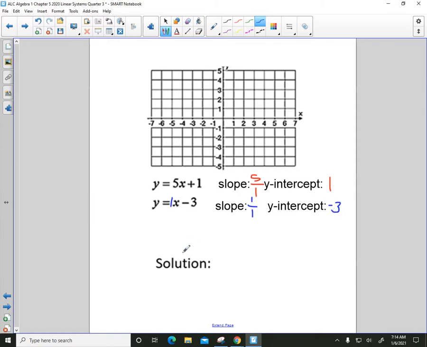All right, then our last thing we need to do is graph them. So we're going to graph this one. We're going to make the y-intercept at 1. And then we're going to attempt to go up 5. 1, 2, 3, 4. Went off. So instead of doing up 5, we're going to go down 5. 1, 2, 3, 4, 5.